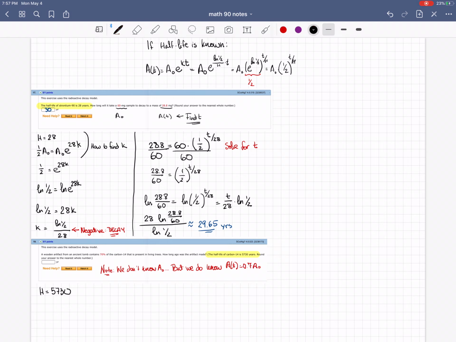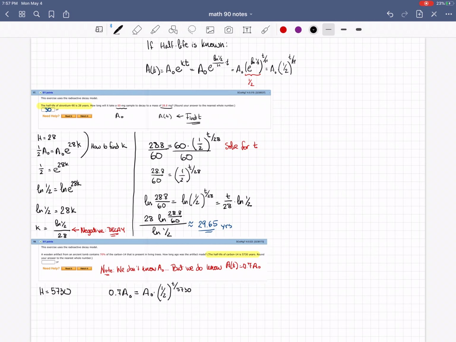So check it out. 0.7 A0 is equal to A0, again, I don't know what it is, and I don't need it, it turns out, times, and again, I'm going to use this model that we developed a couple of videos ago, 1/2 to the power T over H, and we know the half-life here, it's 5,730 years.